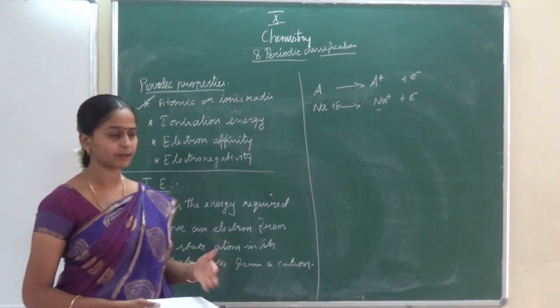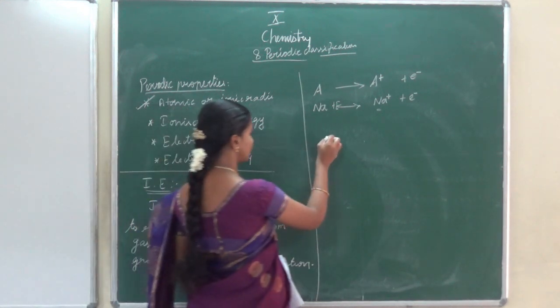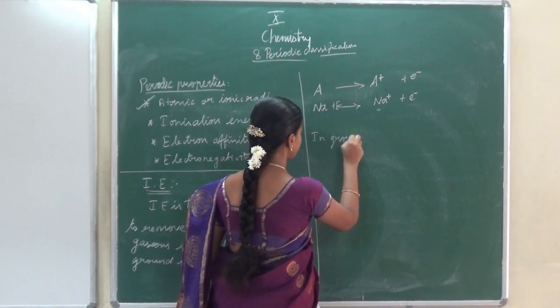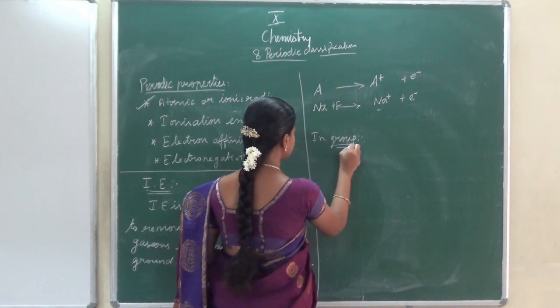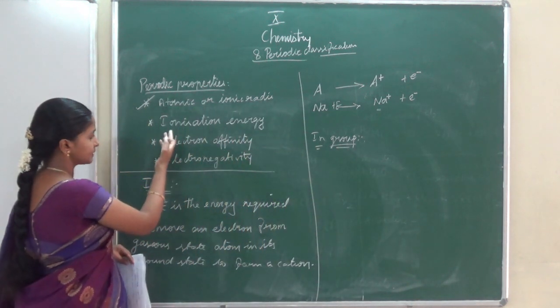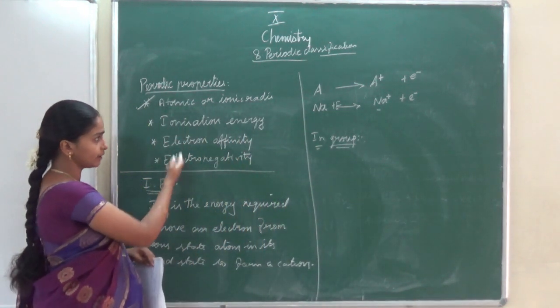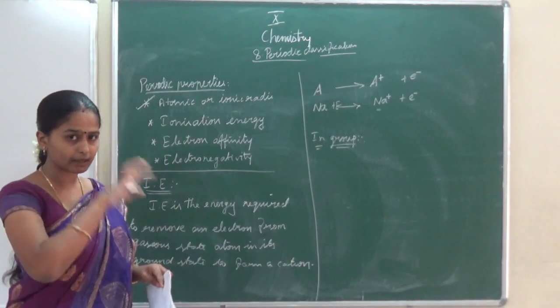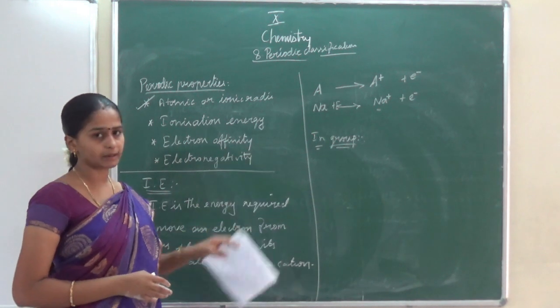Now we are going to see how the ionization energy varies in groups and periods. First let us discuss the group. For all these periodic properties, ionization energy, electron affinity, electronegativity, we are going to use the atomic radius. Using the radius only we are going to deal with the remaining properties.